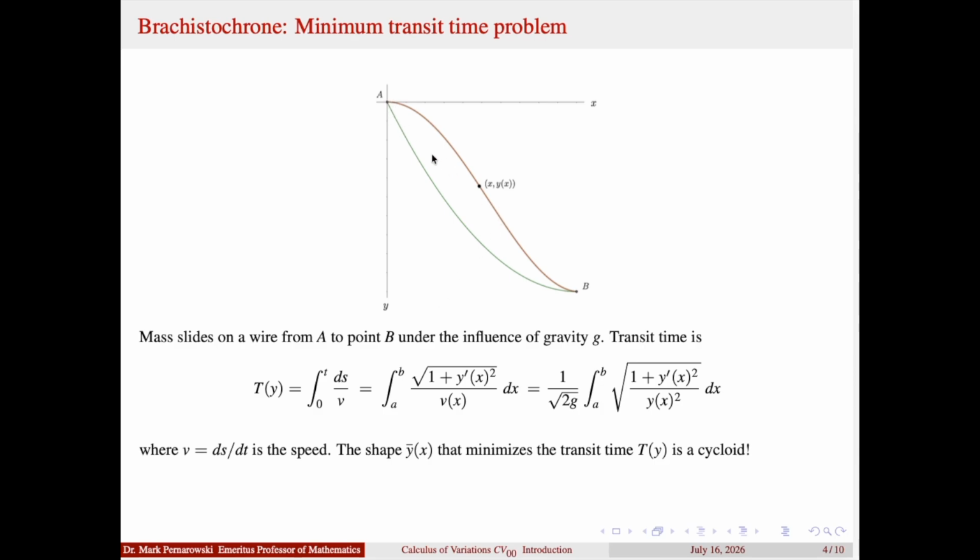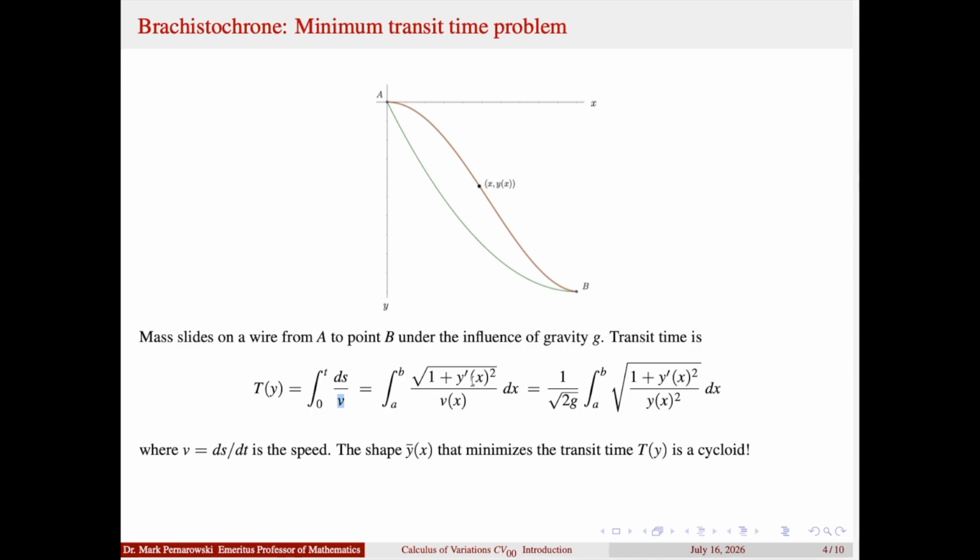The shape of the wire is given by a function y of x. So here's x, the shape of the wire is y of x. Transit time for a particular function y is the arc length element ds over the velocity v.